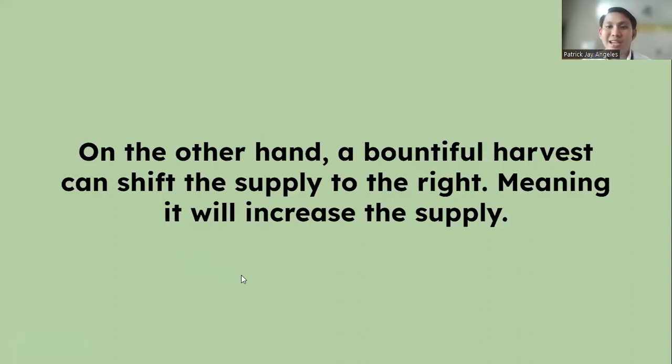What about if it's increasing? What's the example? For example, a bountiful harvest can shift the supply to the right. For example, you are in a farm and usually yung stocks mo ay they're only producing, let's say for an example, 10,000 eggs.